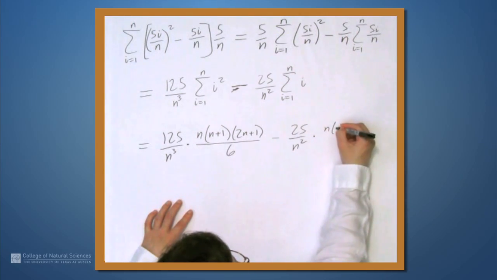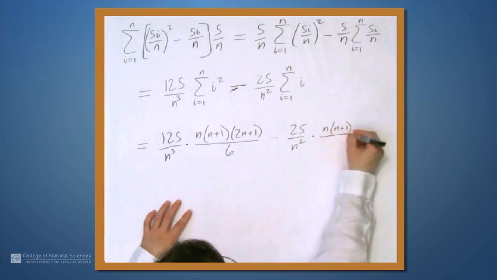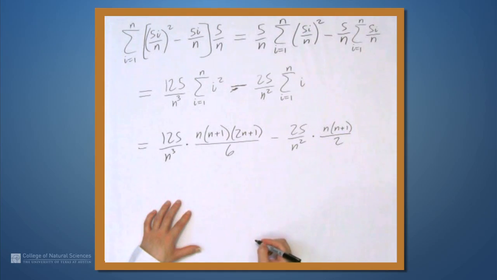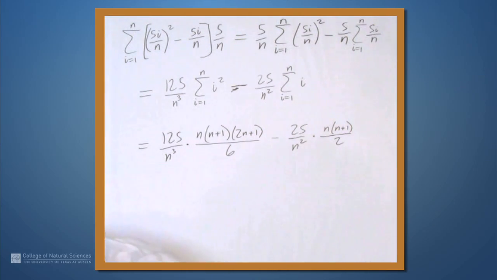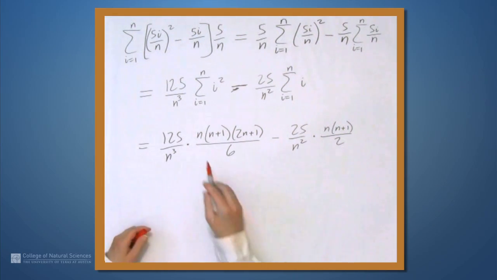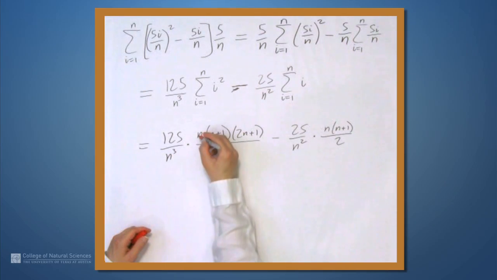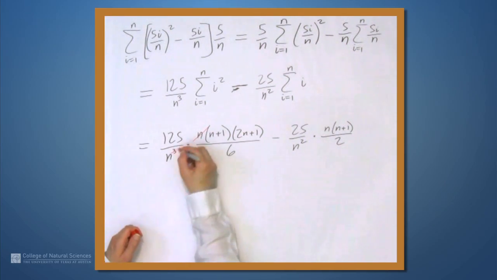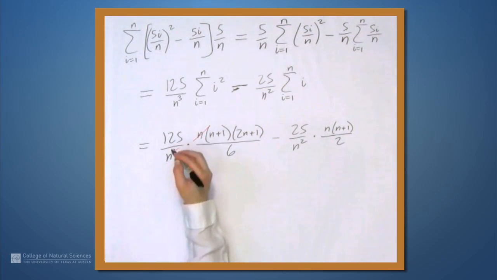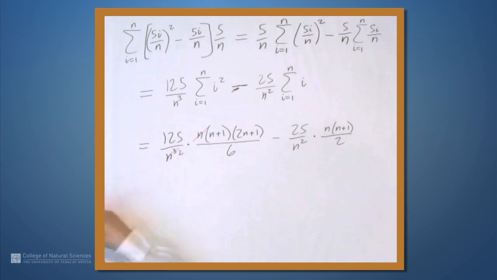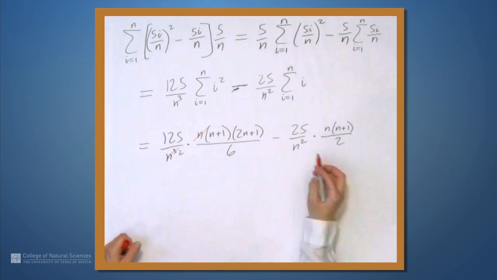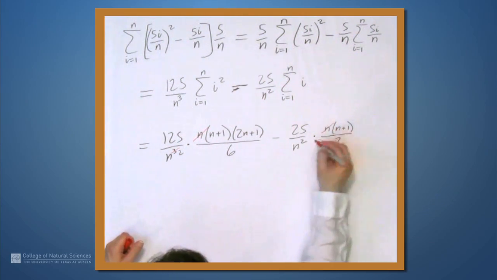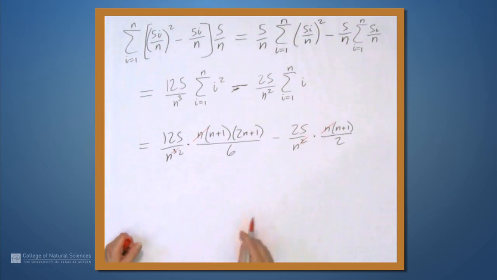This is n times n plus 1 over 2. Now we can simplify a few things. So we have an n over n cubed. So this goes away. This 3 becomes a 2. And we have an n over n squared. So this n goes away and the squared goes away. We're left with just an n in the denominator.